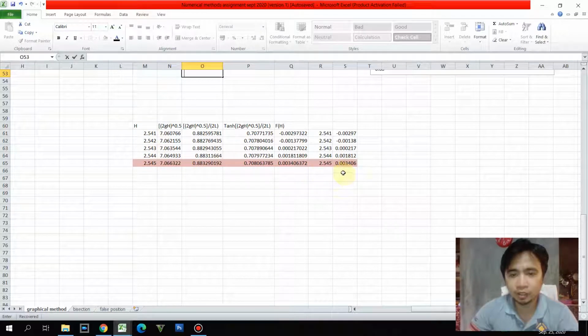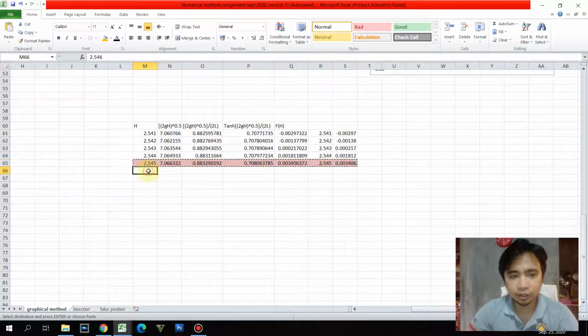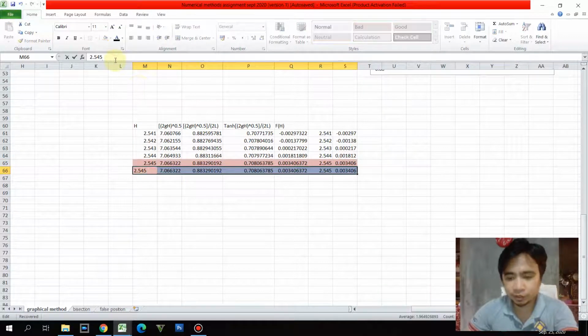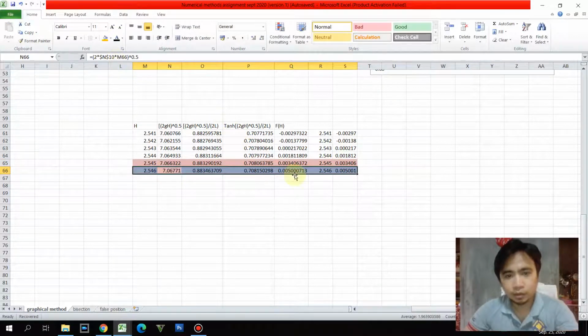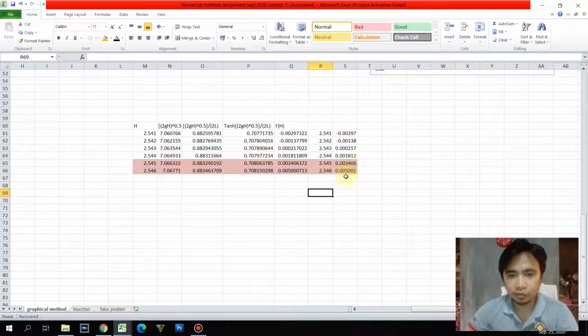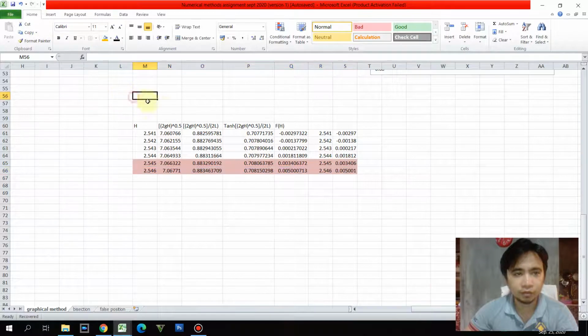We can see here that the nearest to this value of 0 is 2.545, because if we're going to extend this further, 2.546, it will go away from the value of 0. Okay, so the nearest so far is 2.545 for this.